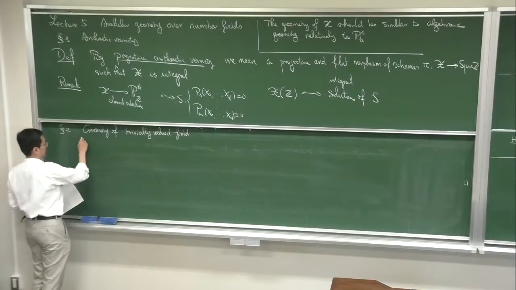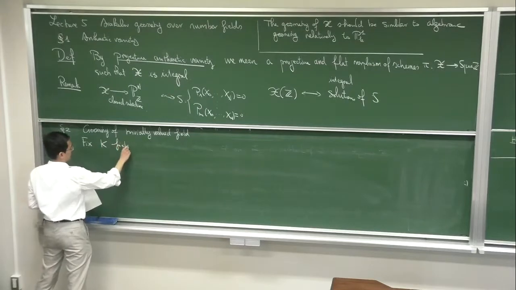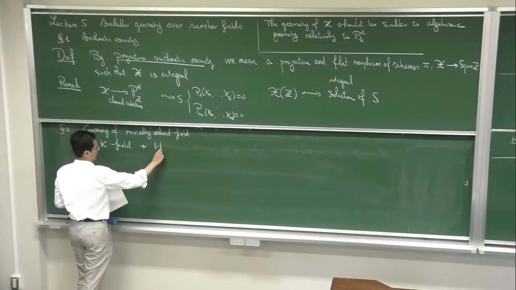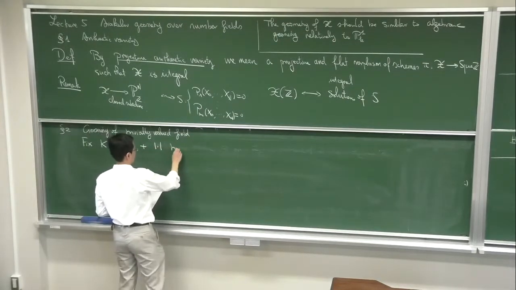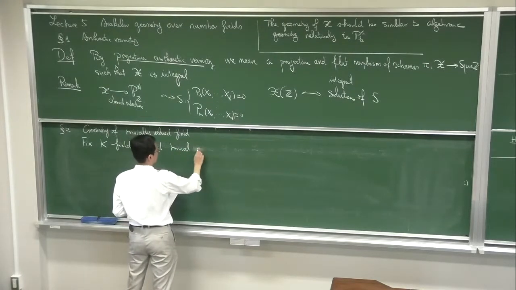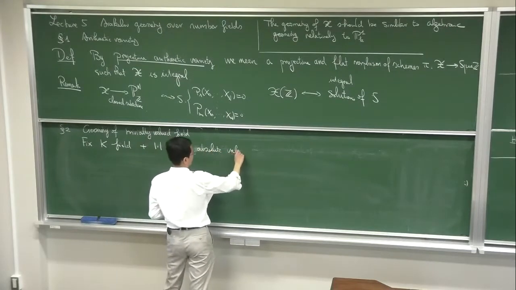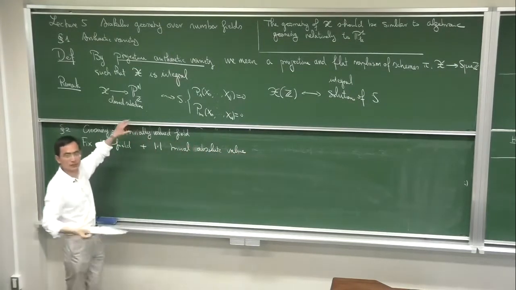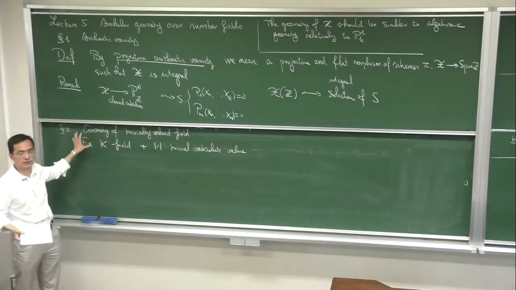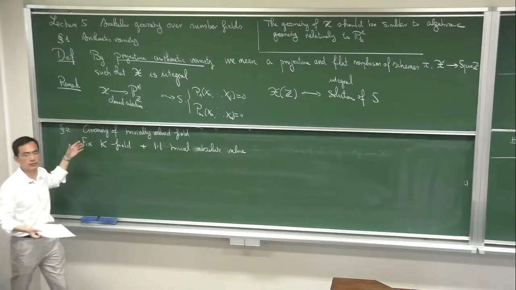So let me fix some field K, with a trivial absolute value. You have already observed last week that this setting is a particular case of an adelic curve.